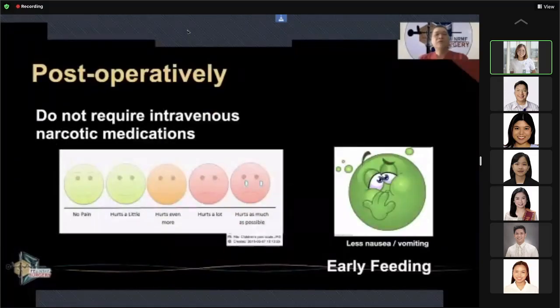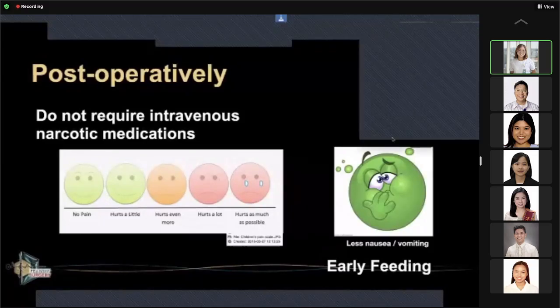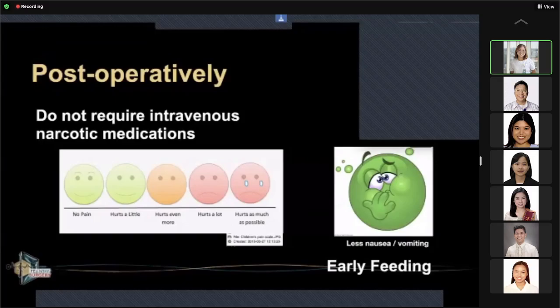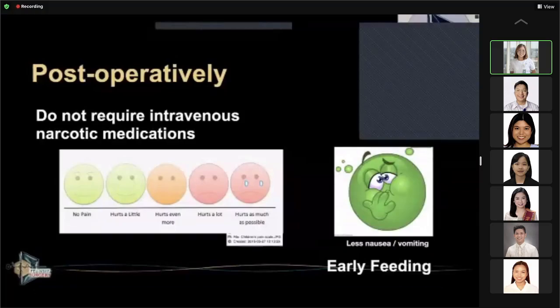So post-operatively, most patients do not require intravenous narcotic medications. So most of the time, you see the patients ambulating a few hours after surgery without even feeling any pain. So most of the time, you have at least grade 2 or 4/10 of pain scale, and you can expect less nausea and vomiting, probably because of the anesthetics that are being used nowadays, and early feeding.